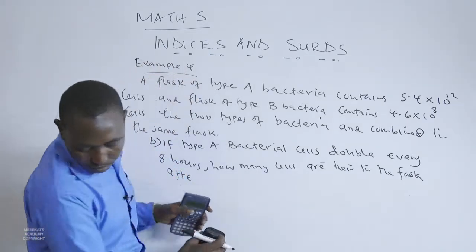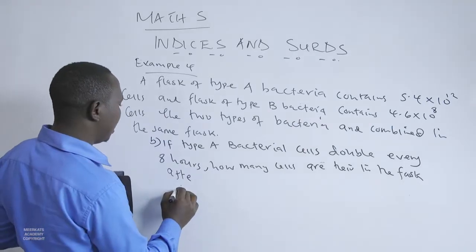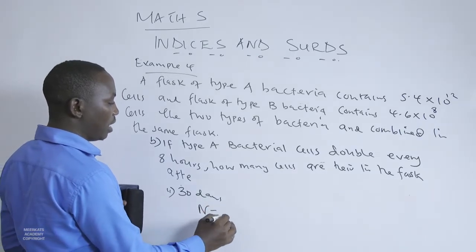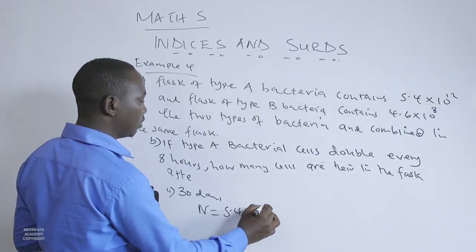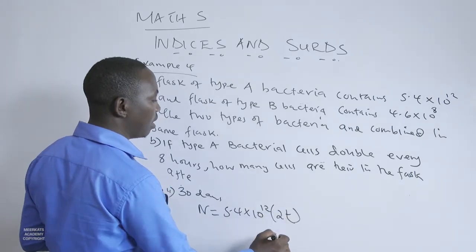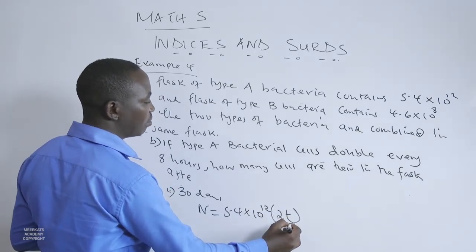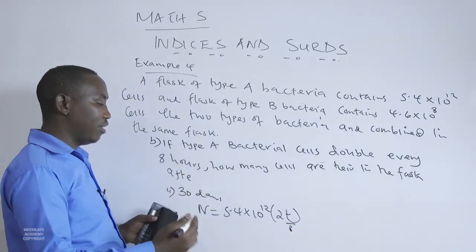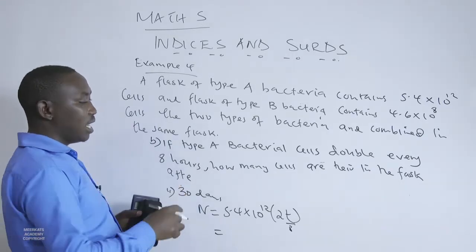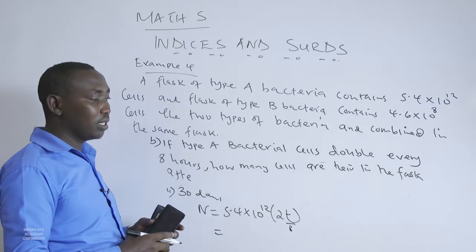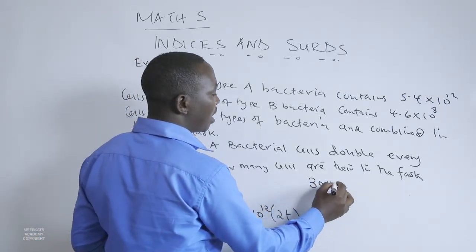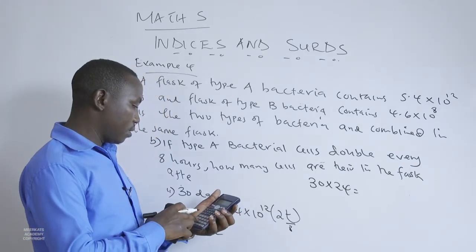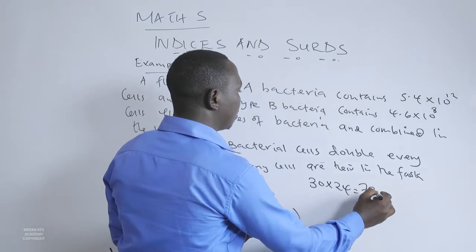Part 2, what about 30 days? We have said that n will be equal to 5.4 times 10 raised to 12 multiplied by 2 to the power t, where t is found by dividing by 8, because we are told that after every 8 hours it doubles. So in 30 days, each day has 24 hours, so we are going to have 30 by 24 hours, which gives us 720 hours.